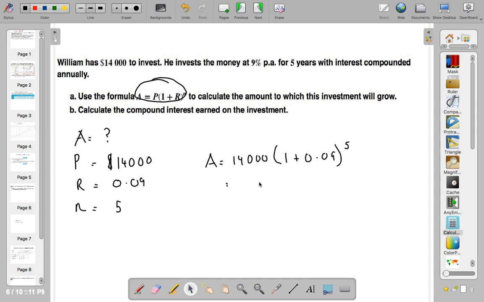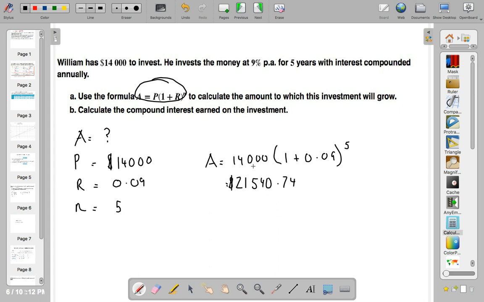So it's 1.09 to the power of 5 multiplied by 14,000. We get $21,540.74. As I said, I can give you a hand with how to do that in the classroom. So that's our future value.